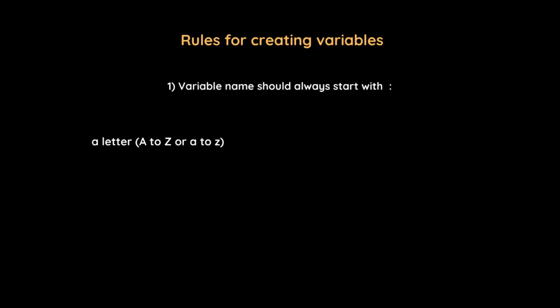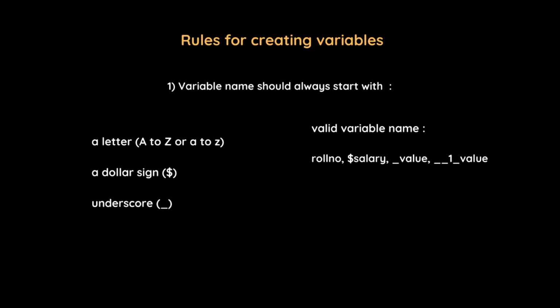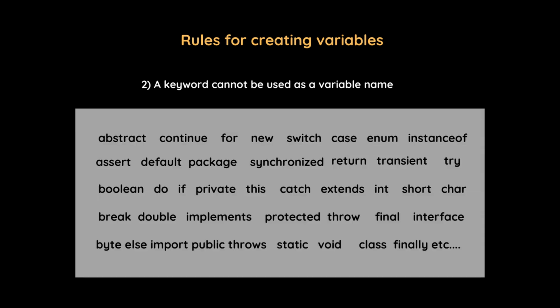Now that we have understood variables and data types, let's talk about some of the rules which we need to follow while creating variables. All variable names should always start with a letter, that means A to Z, a $ sign or an underscore. So these are some of the valid variable names and these are some of the invalid variable names. The second rule is that a keyword cannot be used as a variable name. There are some keywords in Java like class, static, int, continue, etc., and we cannot use these keywords as our variable names.